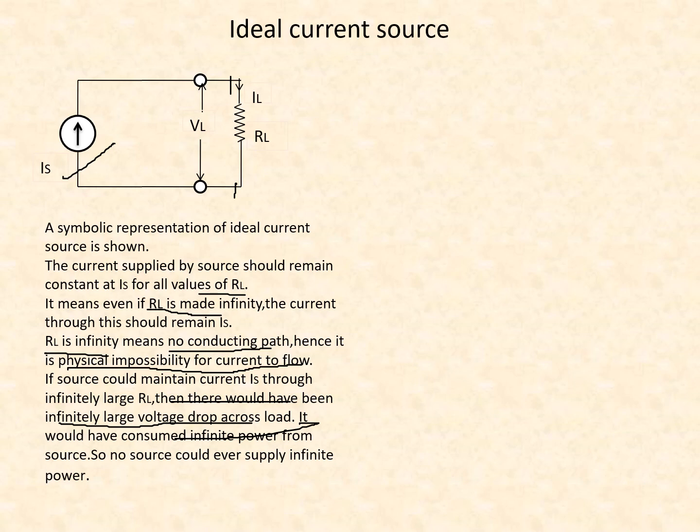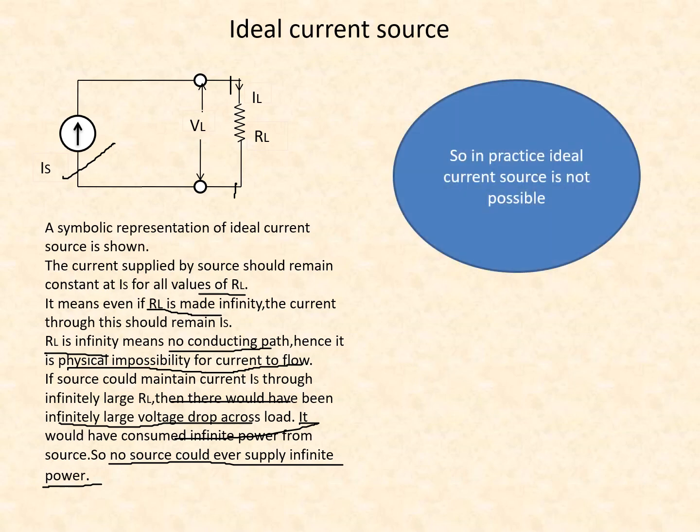There is no source which supplies infinite power. So in practice, ideal current source is not possible. The characteristics of ideal current source are shown in the figure. When RL is increased to infinity, load current remains constant.